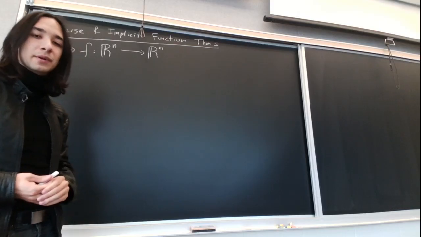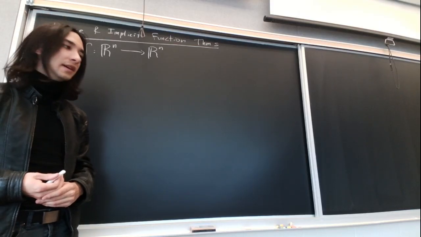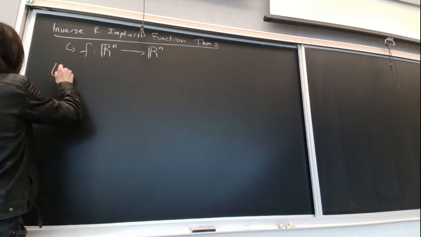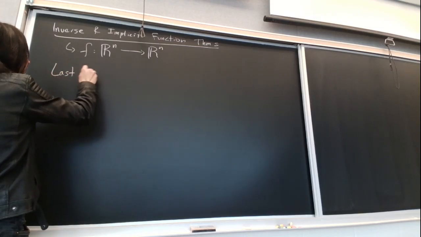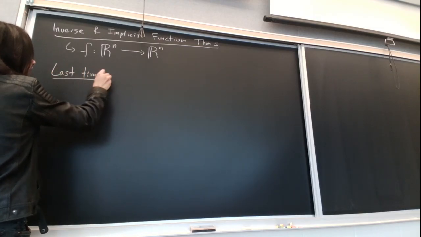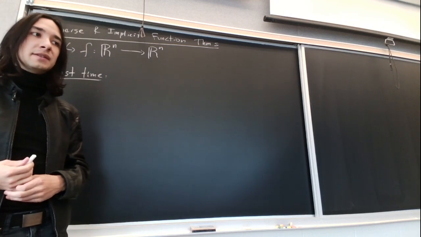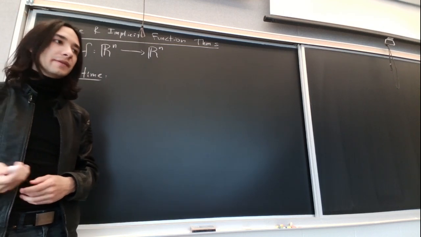Now, last time there was a review of what a derivative is for multivariable functions, and I think we saw that the derivative is, just like in the R to R case, the best linear approximation to the function at a point.